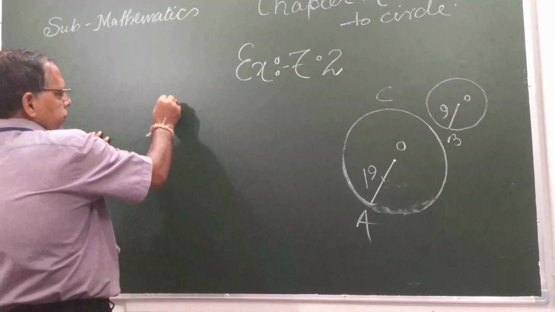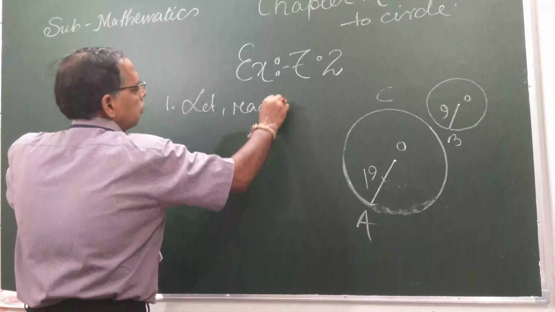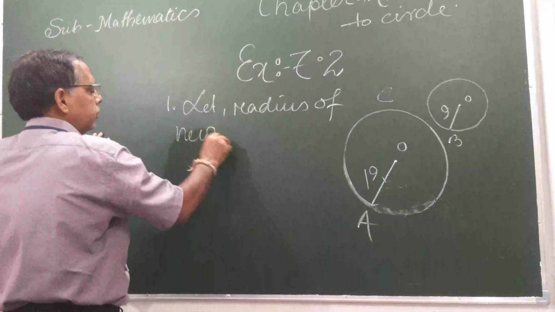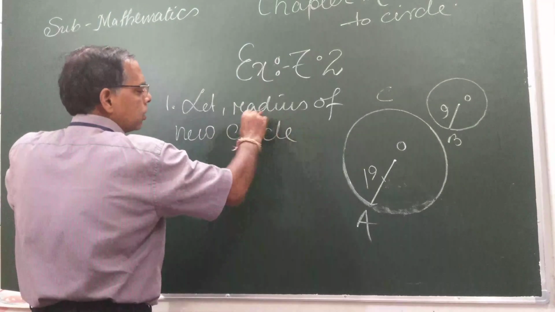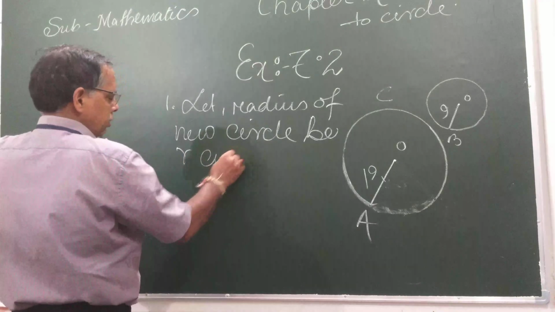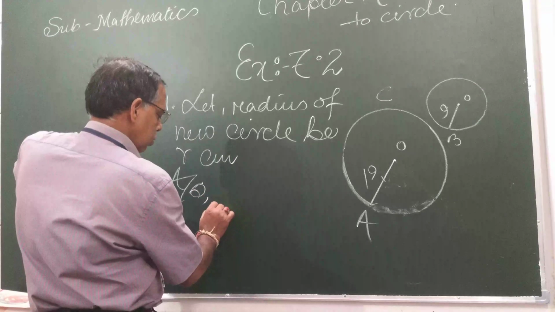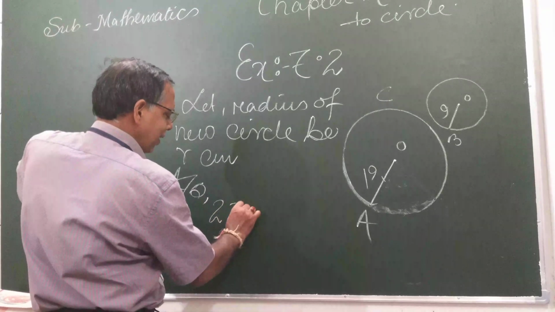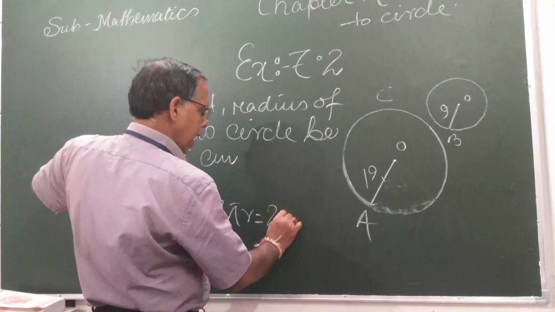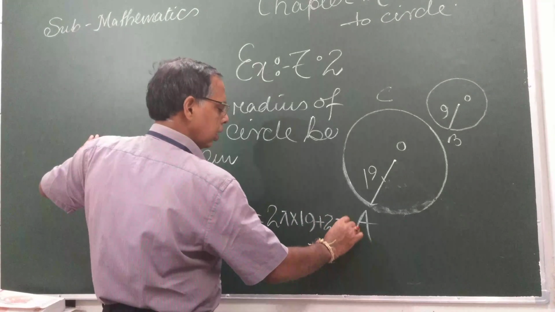So let the radius of the new circle be R centimeter. According to the question, 2 pi R equals 2 pi into 19 plus 2 pi into 9.